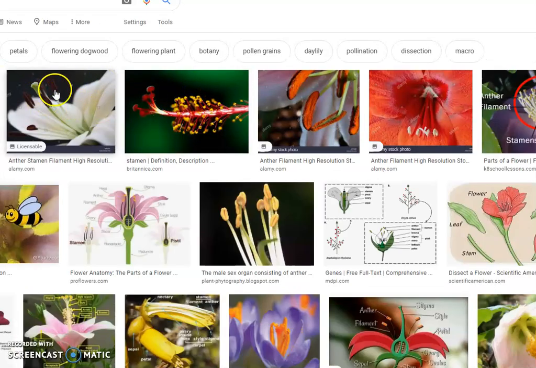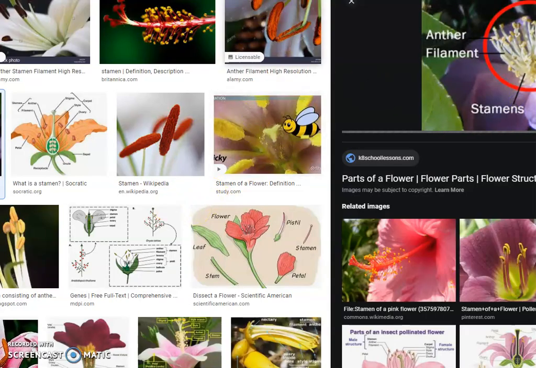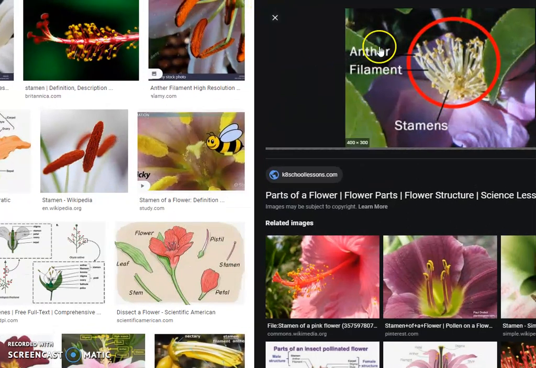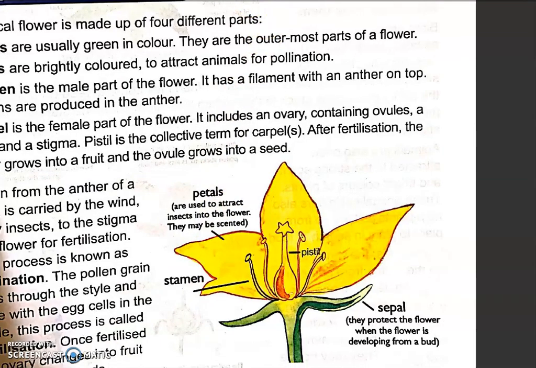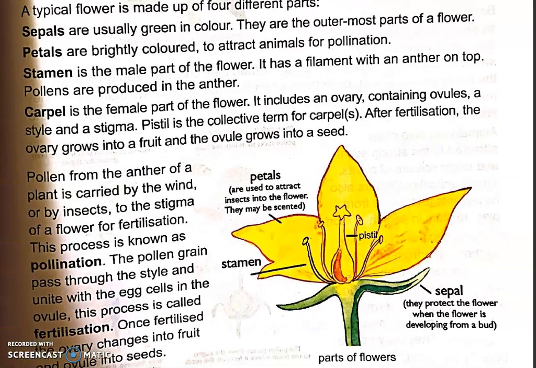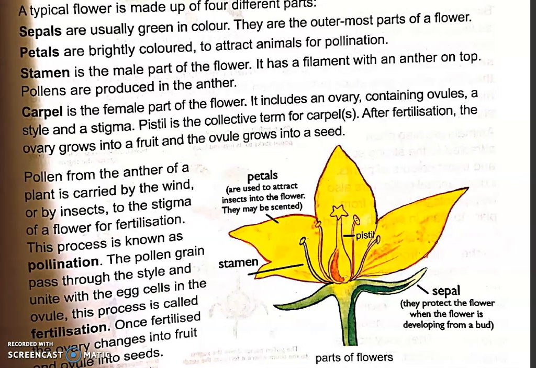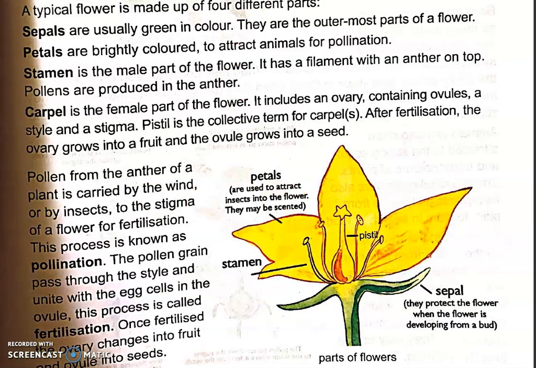See, these are anthers. These are the tops of the anther. Pollens are usually, look at this diagram. Let me show you. See, these are the filaments, and the top of these filaments is the anther, and this is the stamen. Let's come back. So pollens are produced in the anther. These anthers have the pollen.